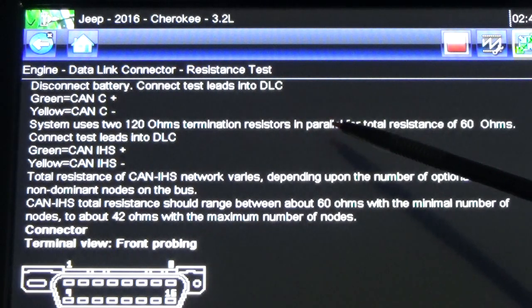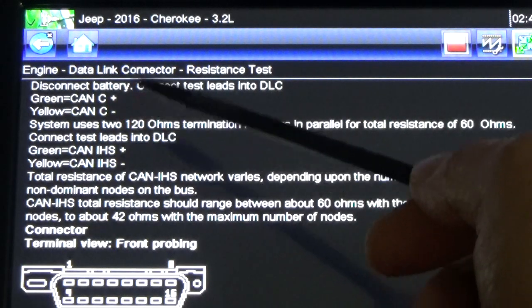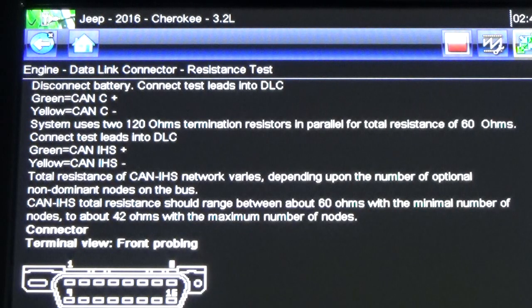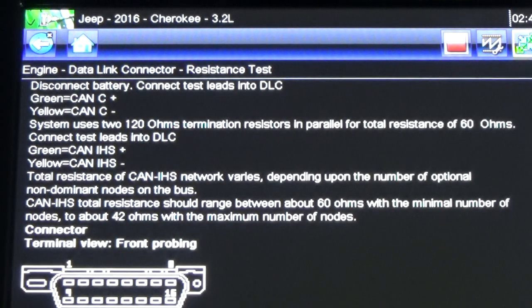Remember, parallel divides the resistance. So that's why 120 divided by 2 will be 60 ohms. And this is how you calculate the resistance.